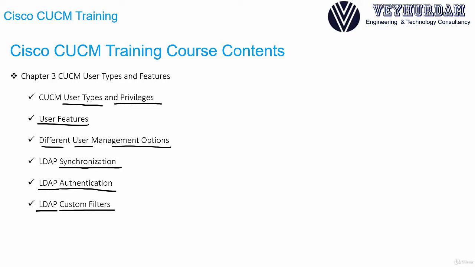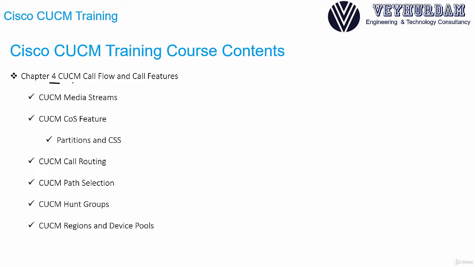We will talk about this LDAP part in detail, and we will go over and do some synchronization, authentication, and write custom filters and apply them to see how it actually works in a working environment. So we will go beyond theory and do them in certain nice labs that will teach you certain parameters and how to do it live.